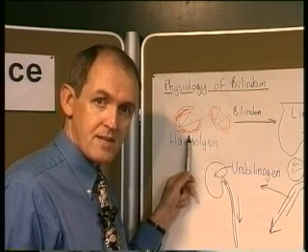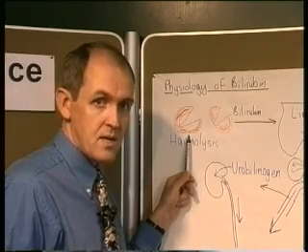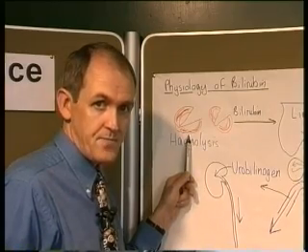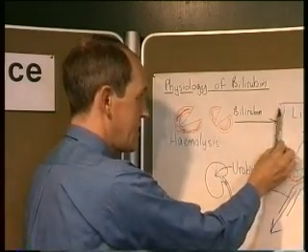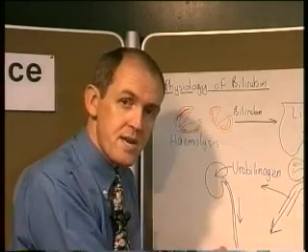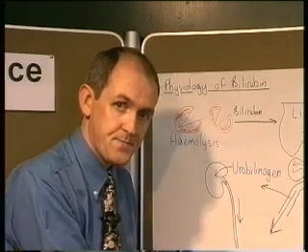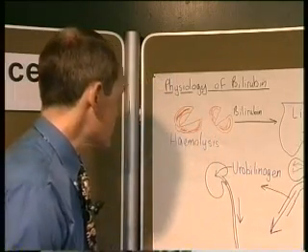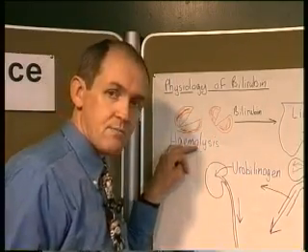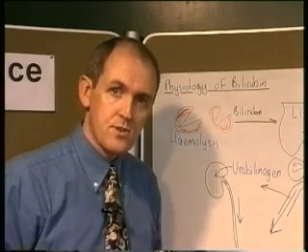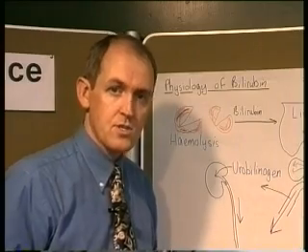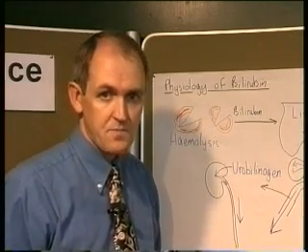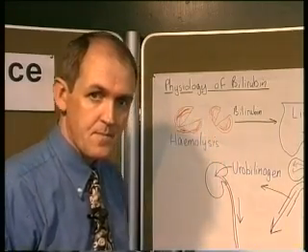If there's an increase in the amount of bilirubin in the blood, then that can give rise to jaundice. But this is before the bilirubin has got to the liver, so it's a prehepatic jaundice. And because it's caused by increased breakdown of red blood cells, it's sometimes referred to as a hemolytic jaundice. So a hemolytic jaundice or a prehepatic jaundice really is the same thing.